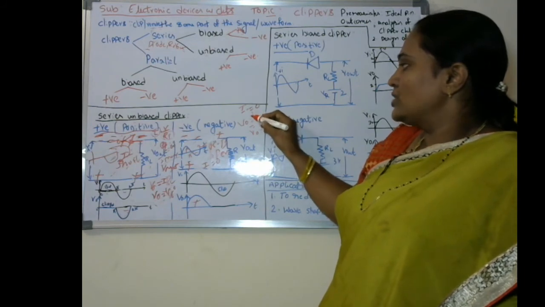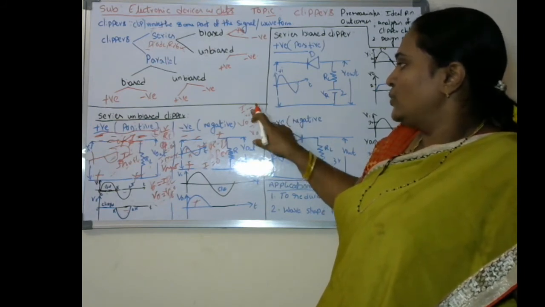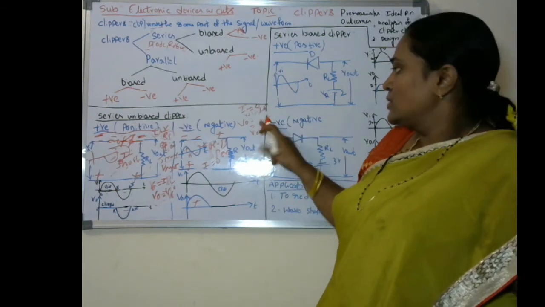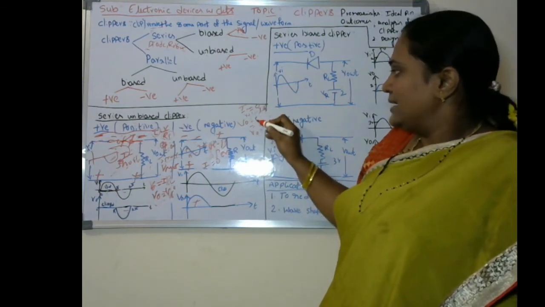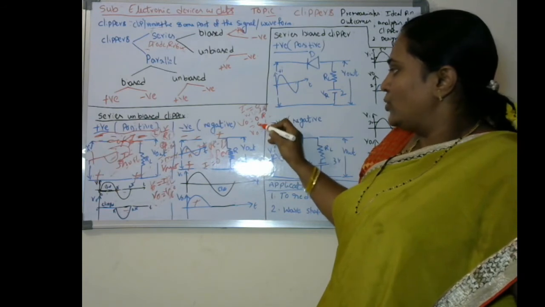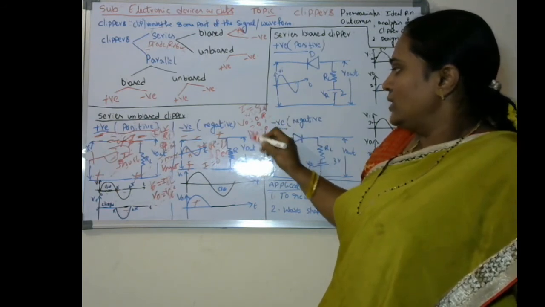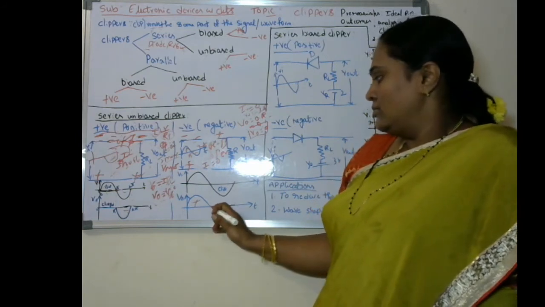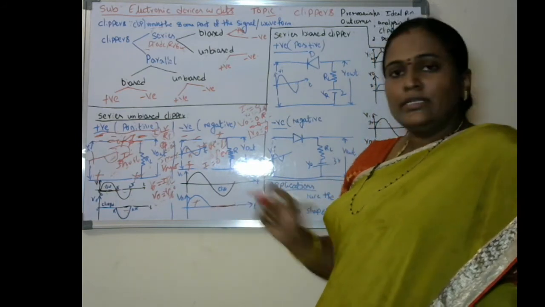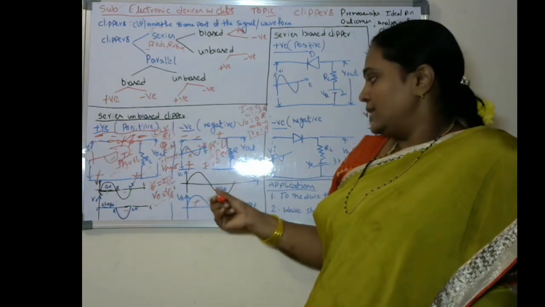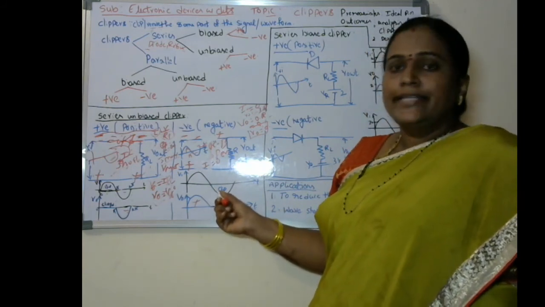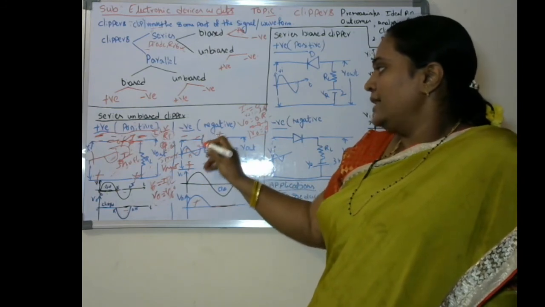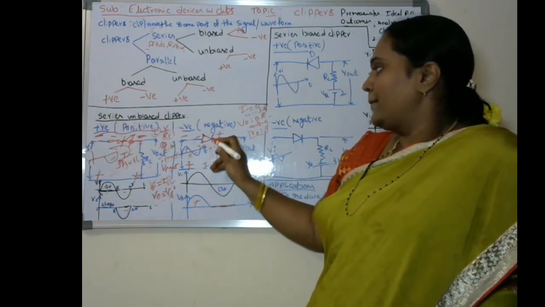Whenever I equals 0, V0 is equal to I into R. So here the current is 0 into R. The output voltage goes to 0 in this case. Whenever the output voltage is 0, almost all the signal has been clipped off. So which one is it clipping? It is clipping off the negative signal. That's why it will be called a negative clipper.